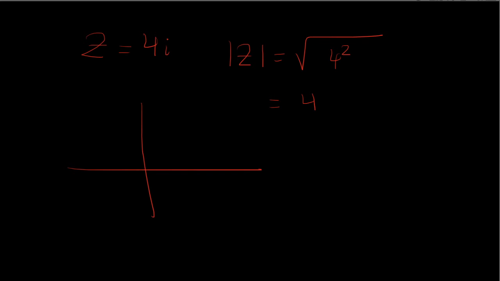And if this looks challenging, I can add a 0 in front to show that there's no real part to this. So think of it as going 0 across, and then we're going to go up 4. And so the distance between the origin and the point is clearly 4 units.